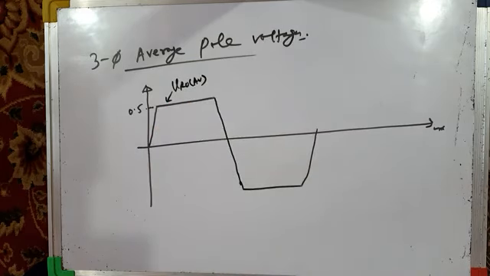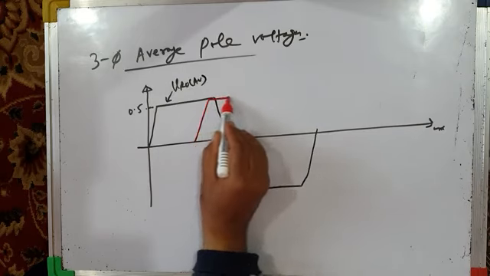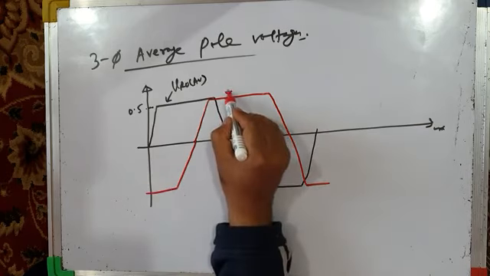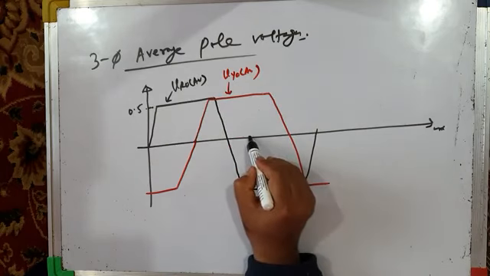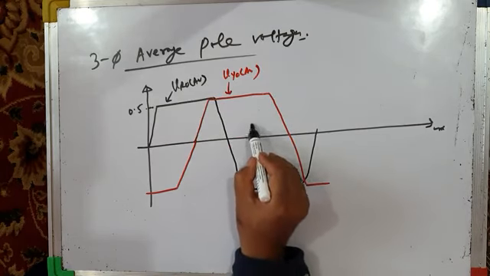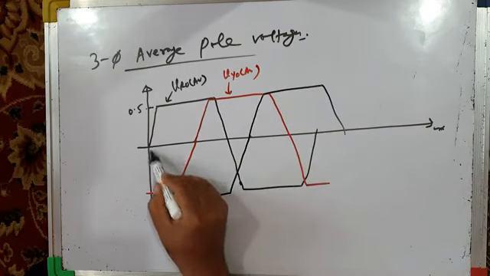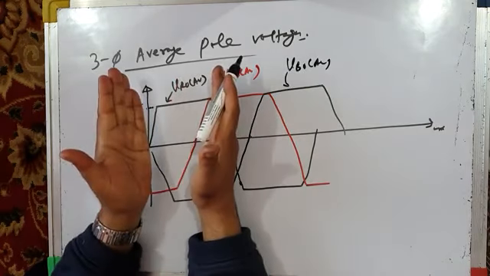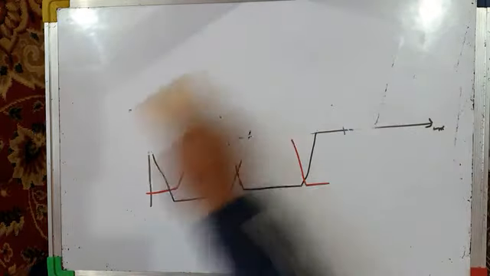What about VYO? VYO will start from somewhere here. And VBO, I will again use a different color pen. VBO is something like this. So these are average pole voltages. You can see the pulse dropping interval increases substantially.